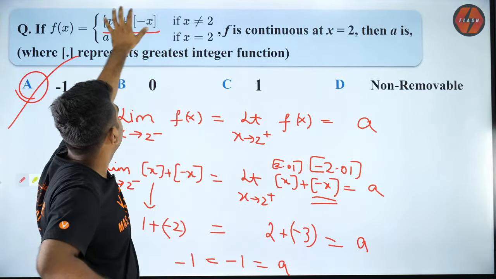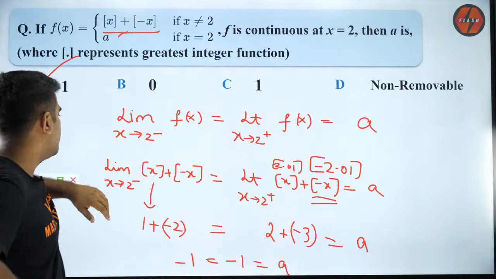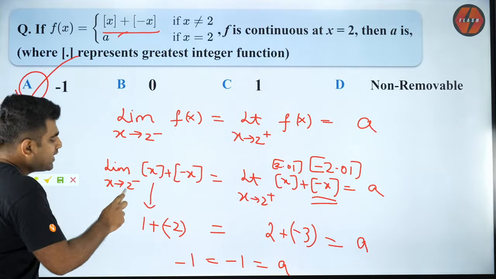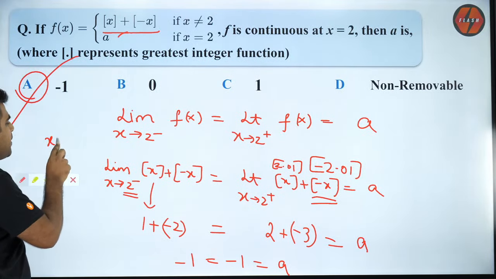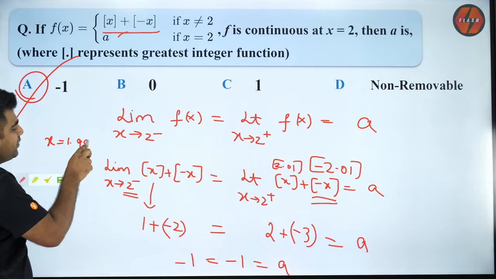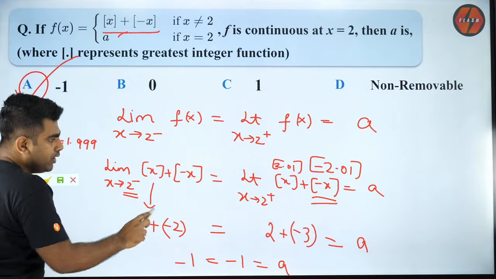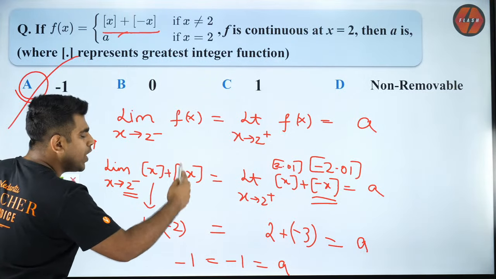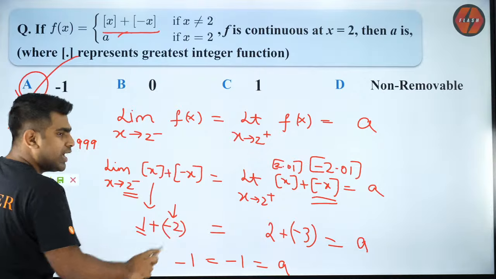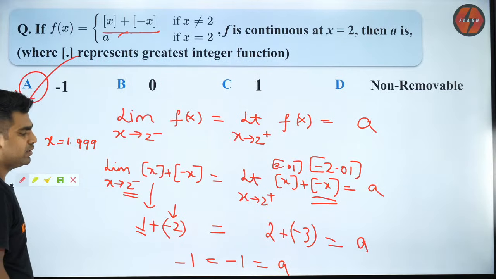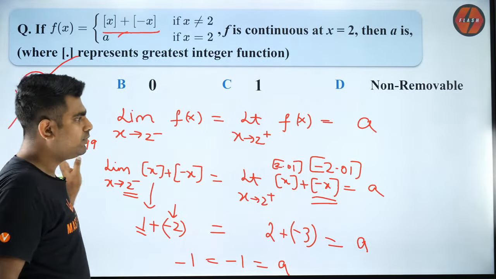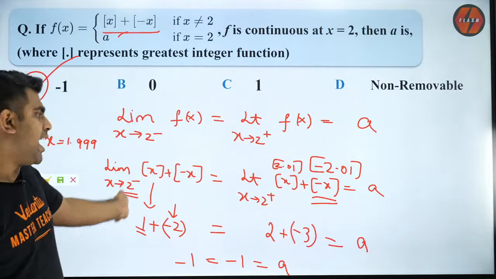When I say 2 minus, that means x is something like 1.99. So GIF of 1.99 is 1, whereas GIF of minus 1.99 is minus 2. I hope you know what the greatest integer function is. That's it, over. So I did that for LHL and RHL.